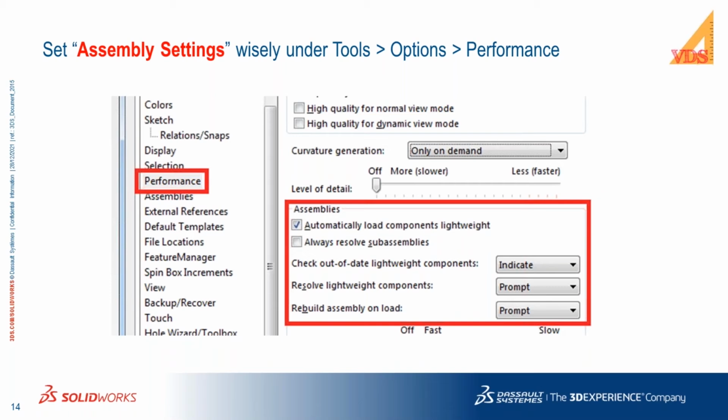Using these options, your assemblies will open up much faster compared to setting these options the other way, where you make your lightweight components resolve, your assemblies rebuild, and you don't want your components to open lightweight. So you can uncheck these. You can set these options based on your need, and your assemblies will open up faster and less graphics would be required.